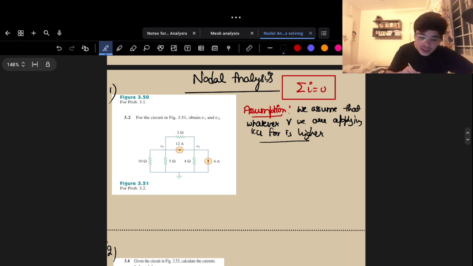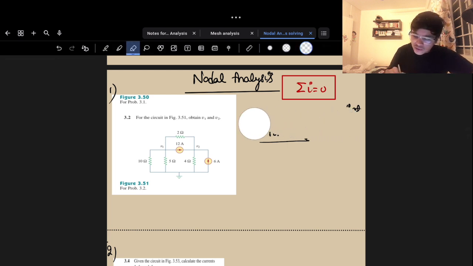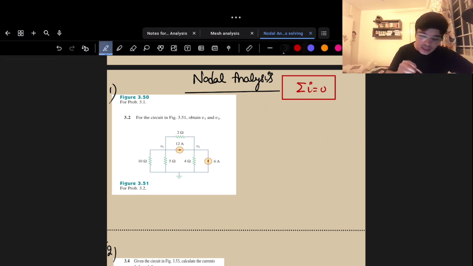And now since we have gotten that assumption out of the way, let's understand this question, right? Now, since this is grounded, this is zero, and this is zero, this is zero, this is zero, this is zero, right? Now, net current leaving, let us understand at V1.